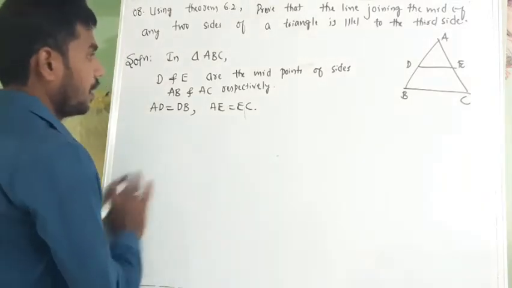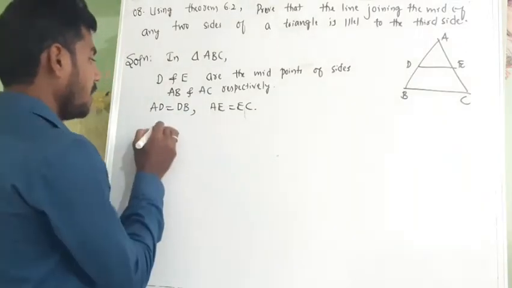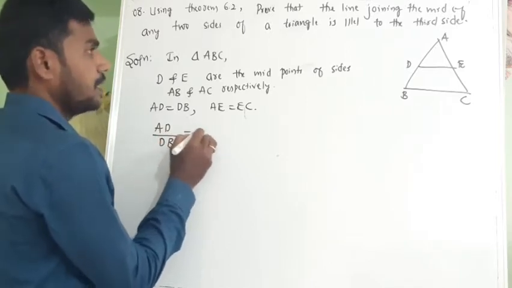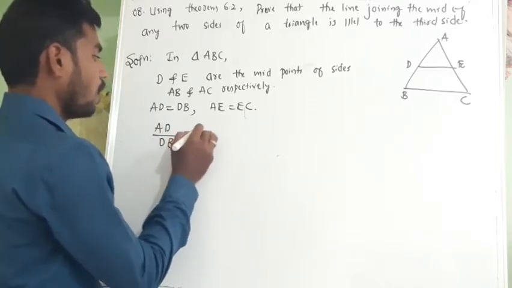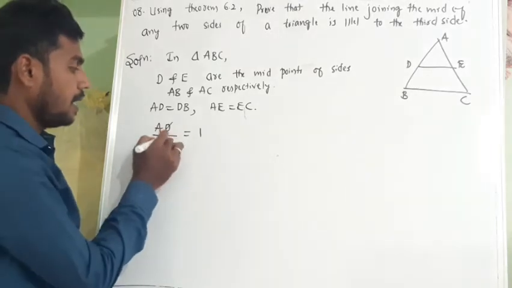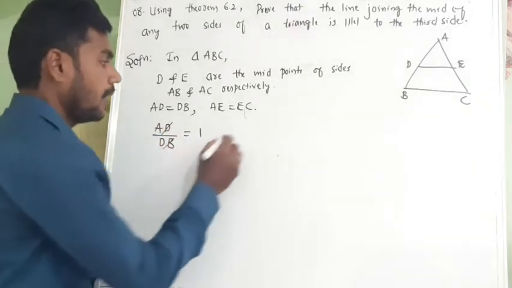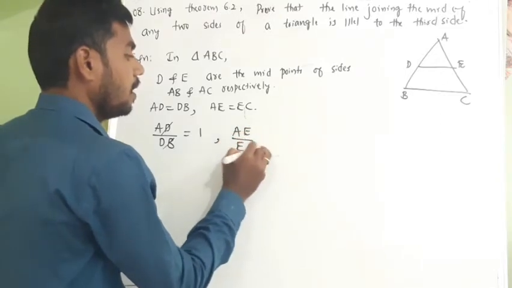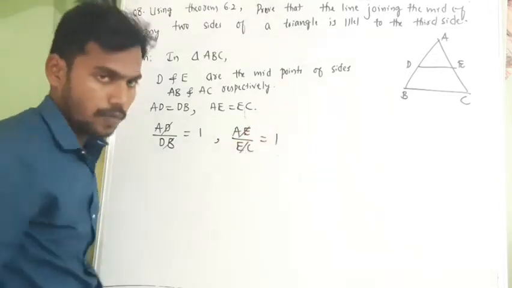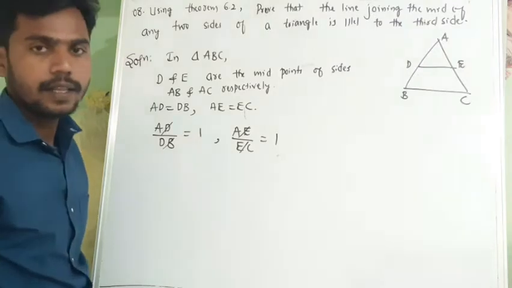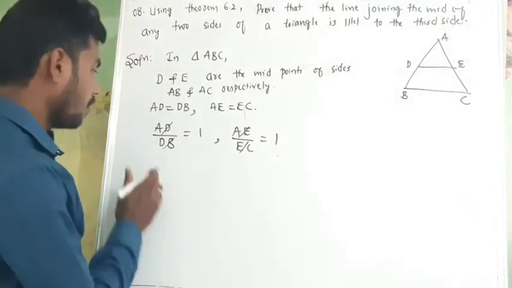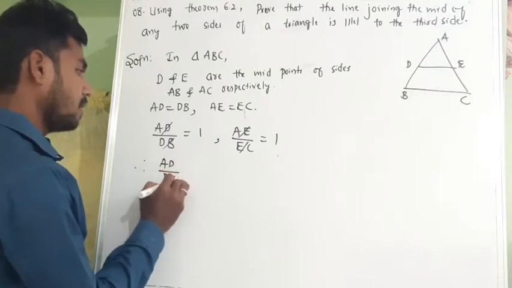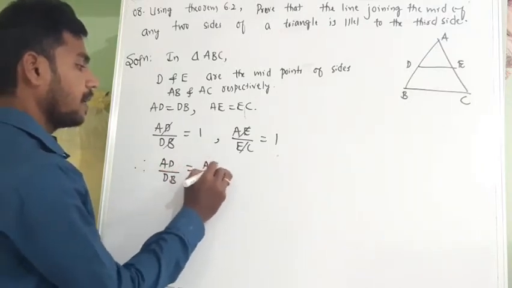Now, I will consider the ratio. AD by DB is equal to 1, since AD and DB get cancelled. And what about AE by EC? AE by EC, even they are equal, which will be equal to 1. Because they are equal, I will get the ratio as 1. Therefore, AD by DB is equal to AE by EC.